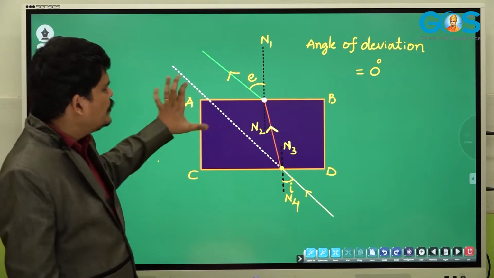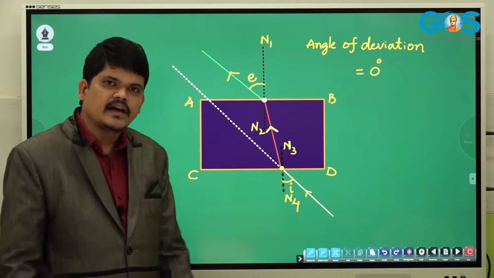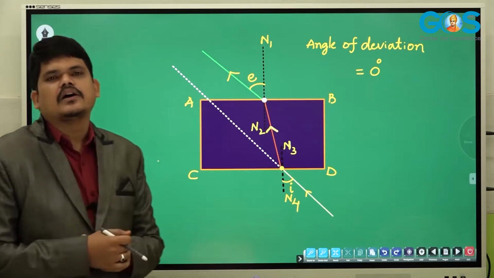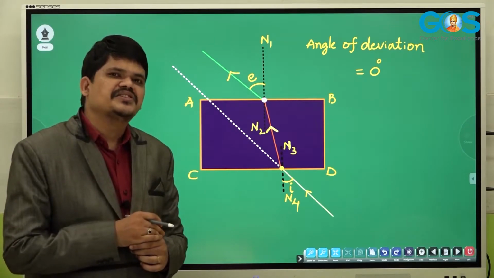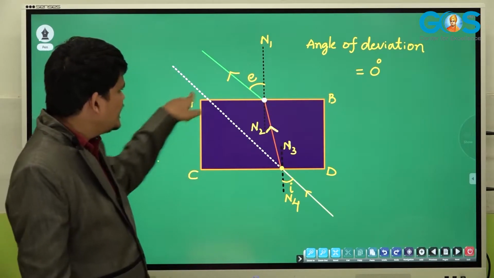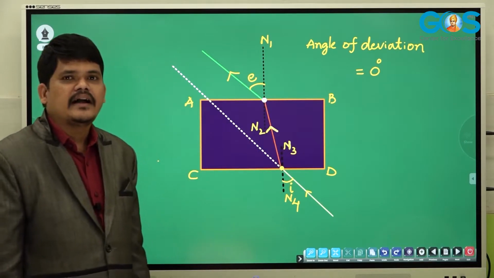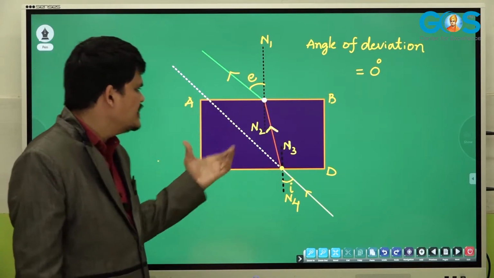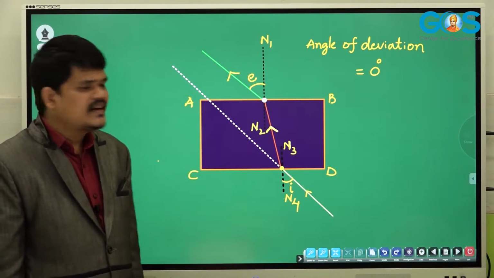Now place this rectangular glass slab ABCD at the center of that cardboard, on which we have already fixed that white sheet. Now with the help of a pencil, trace the outer edges of that rectangular glass slab and we will get ABCD as its outer edges.